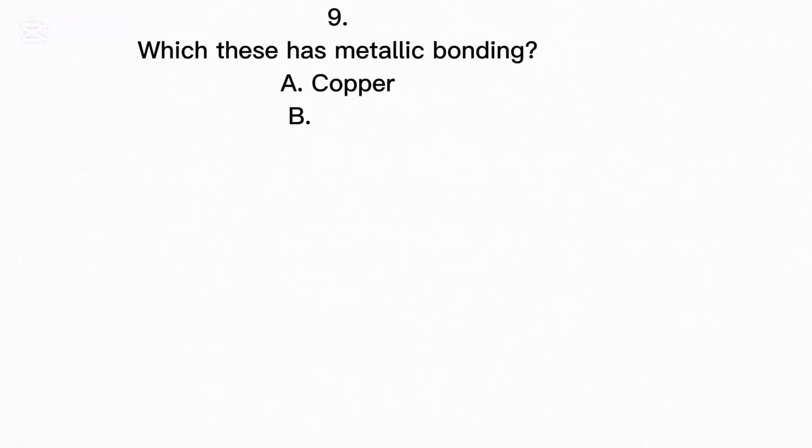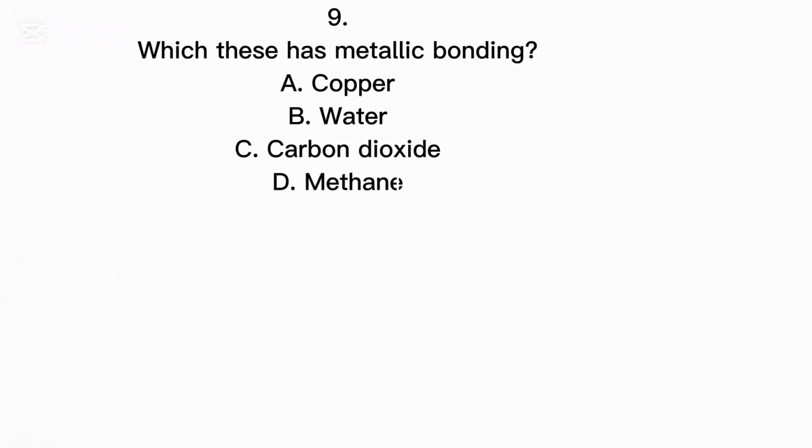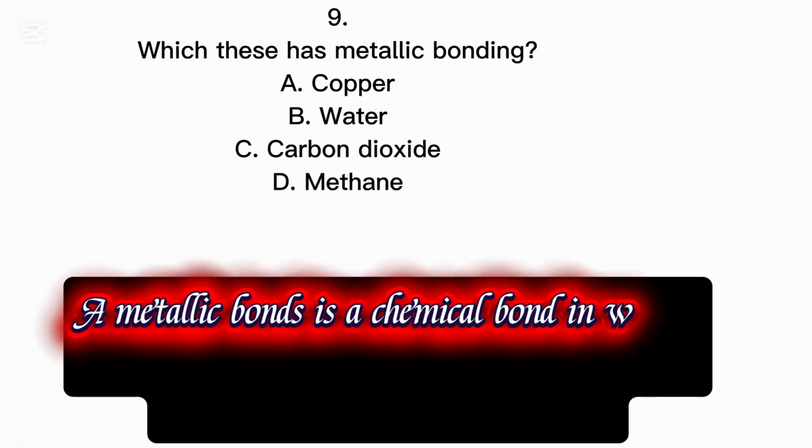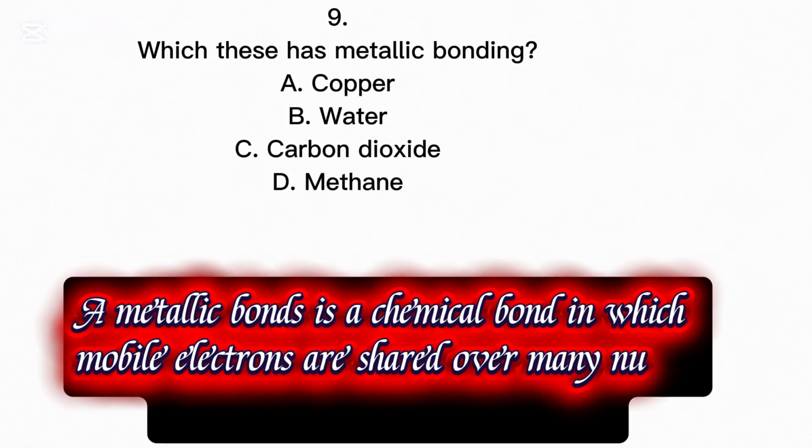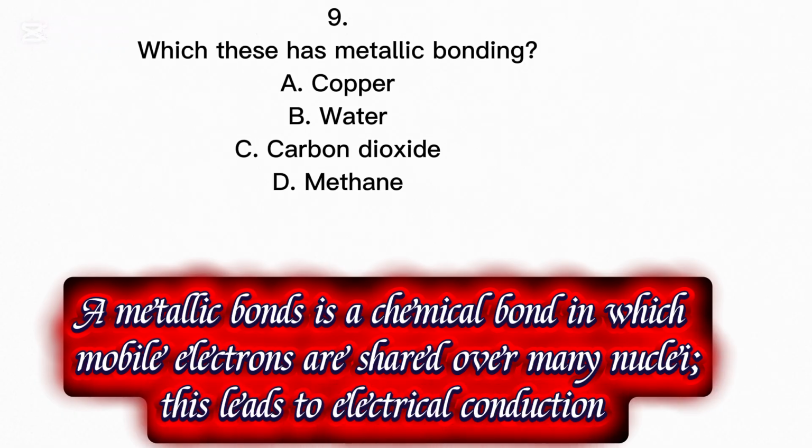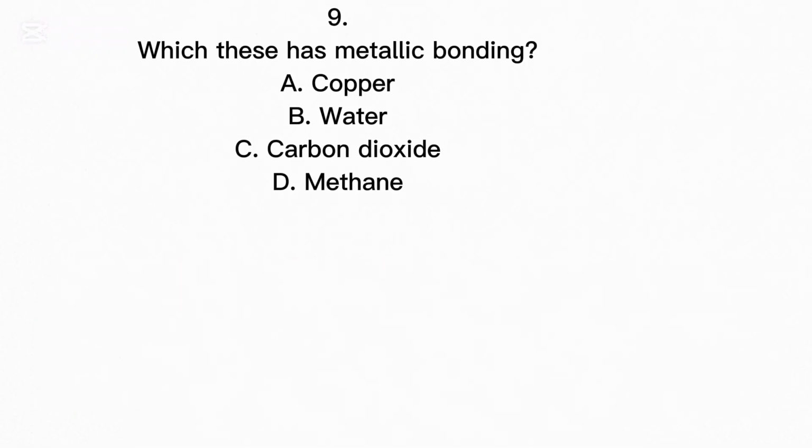Question 9. Which of these has metallic bond? A. Copper, B. Water, C. Carbon dioxide, D. Methane. First of all, let's know what is metallic bond before we answer this question. A metallic bond is a chemical bond in which mobile electrons are shared over many nuclei. This leads to electrical conduction. The easiest way to understand this question is knowing what is metallic.